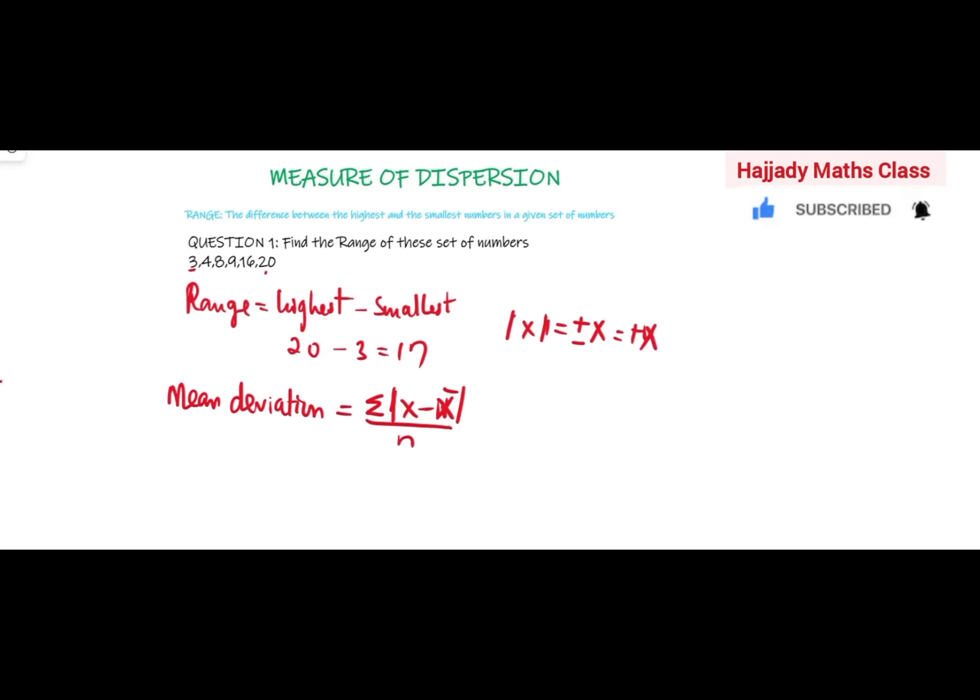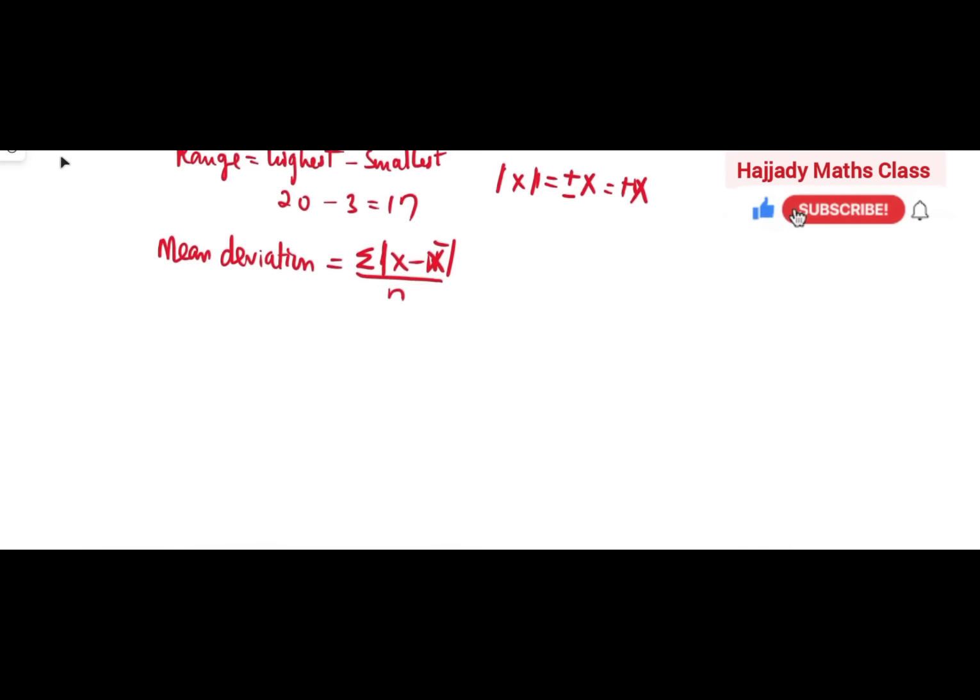Now let's consider a new data set, and find the mean deviation for the data set 3, 4, 8, 9, 16, and 20. We are to calculate the mean deviation.